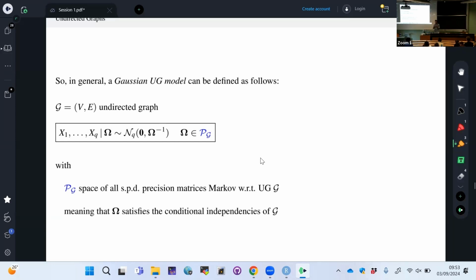We can write this using the notation: omega belongs to the space PG, the space of all symmetric, positive definite precision matrices that are also Markov with respect to an undirected graph G, which means that it must satisfy the 0 entries whenever there is a missing edge in the graph. So this is how in general we can write a Gaussian UG model.